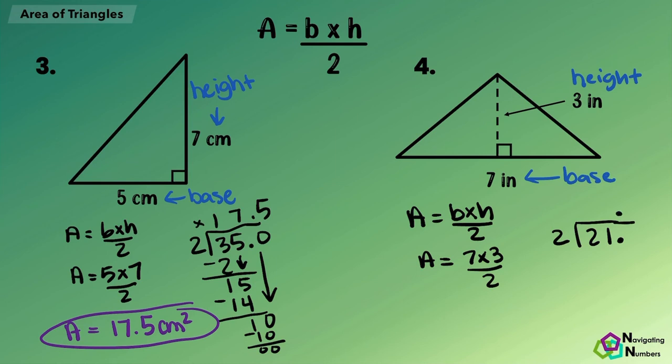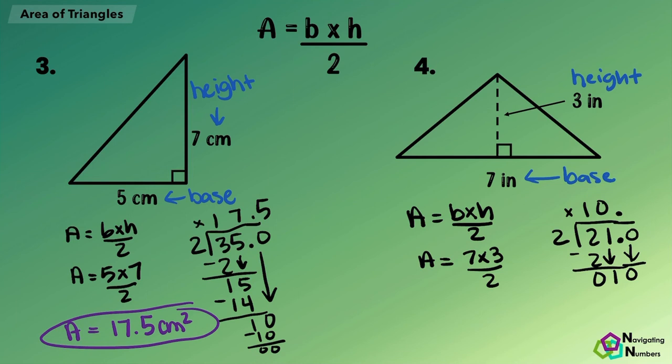2 goes into 2 one time. 2 times 1 is 2. Subtract. 2 minus 2 is 0. Bring down the 1. Okay, now here we want to know how many times 2 goes into 1, which is none, so 0. Next, we bring down a 0.